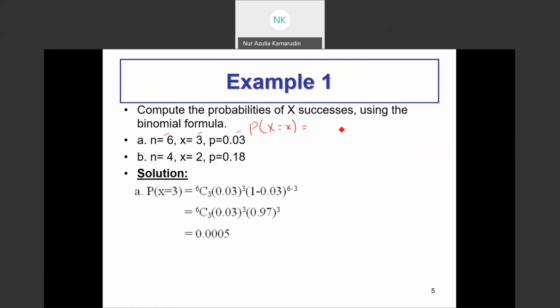Check back your formula previously: nCx, p to the power of x, q to the power of n minus x. You can substitute straight away. Again, please check your calculator for the nCx button. Finally, you get 0.0005.